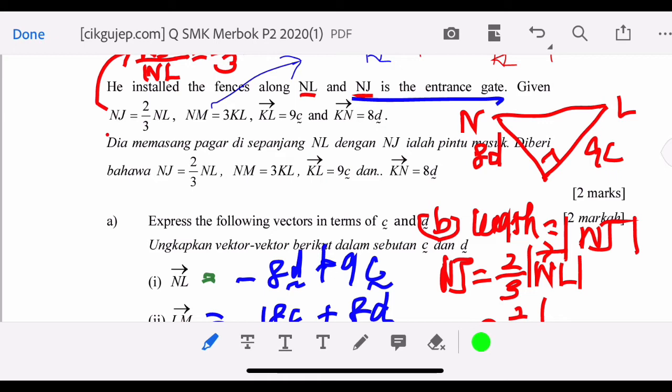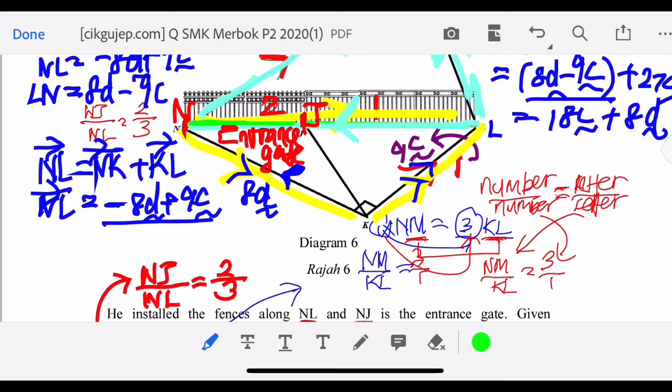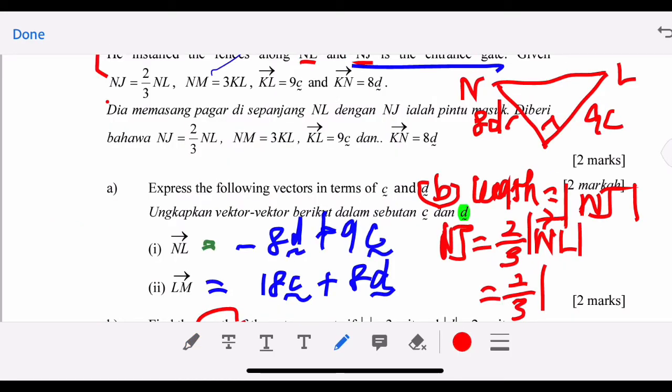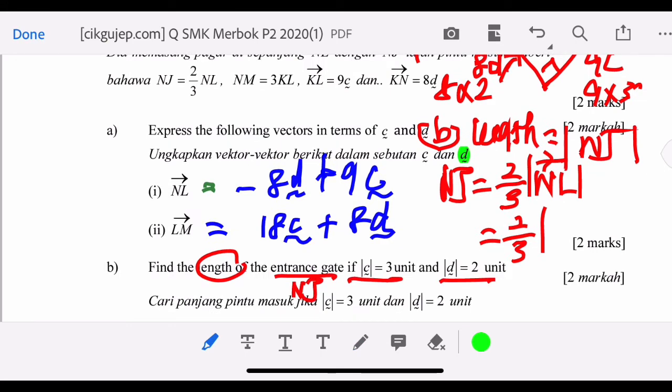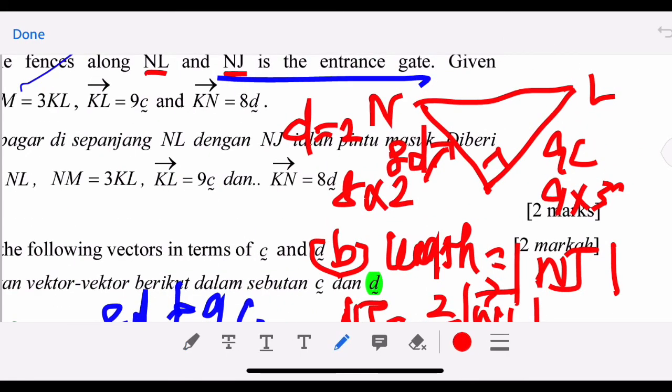Understand? If you understand, then you can use the Pythagoras theorem to find the magnitude. When we talk about magnitude, we always use the Pythagoras theorem. Again, 8D means 8 times 2, which is 16, because 1D is equivalent to 2, and 9C is 9 times 3 because 1C is equivalent to 3.